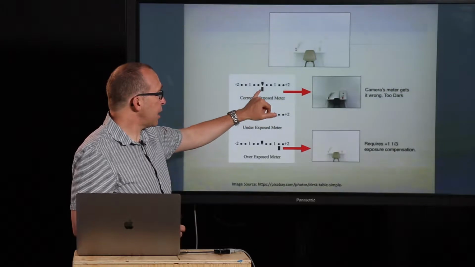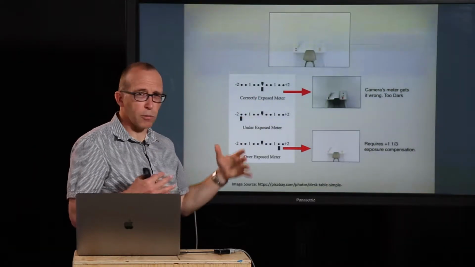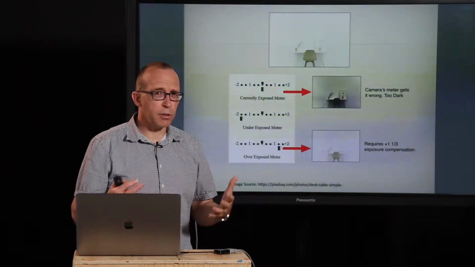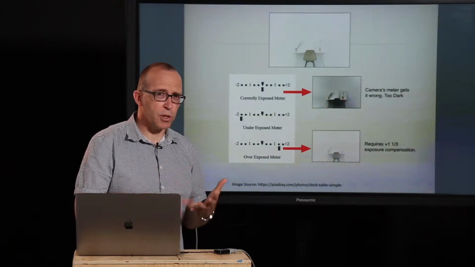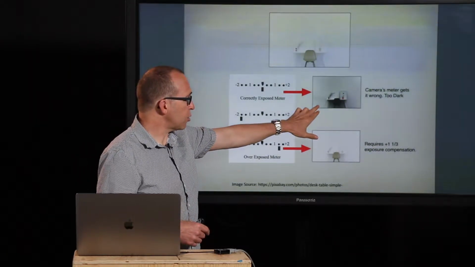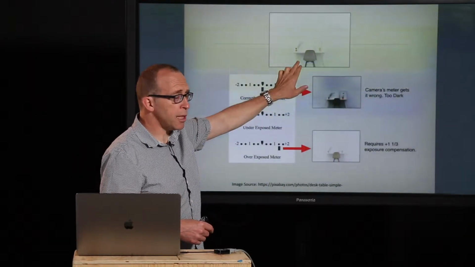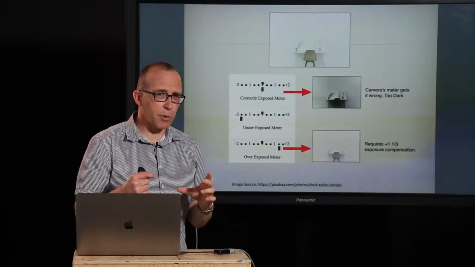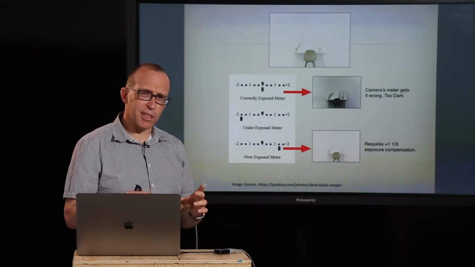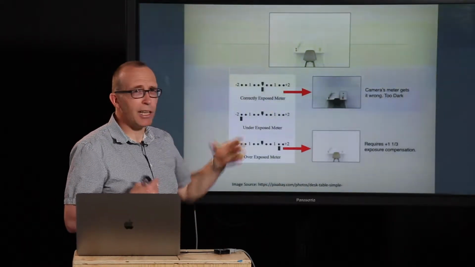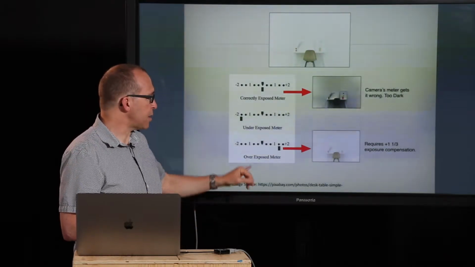But if you leave your camera in normal auto exposure, it's going to think it's a typical scene and try to make it gray. So it will choose an aperture and a shutter speed that's going to make the photo gray. So this might be what you see, but this is what your camera is going to produce. When you look at the back, you might think, oh, that's a little bit dark. It's not quite what I was expecting. And this is a classic case of when you need to use exposure compensation.